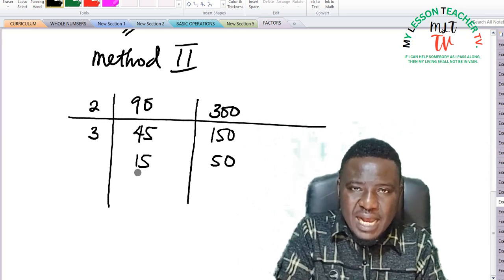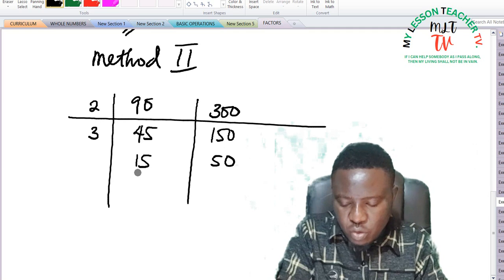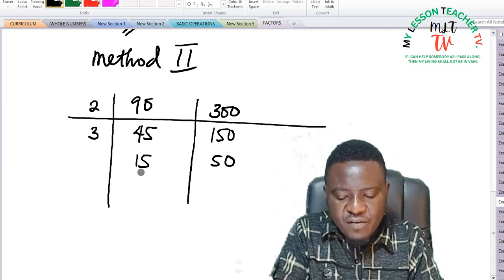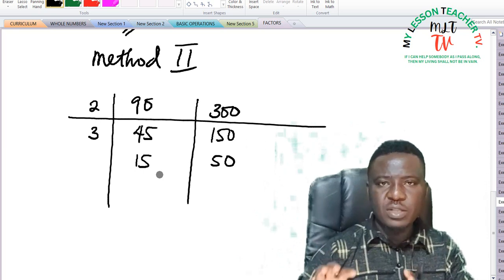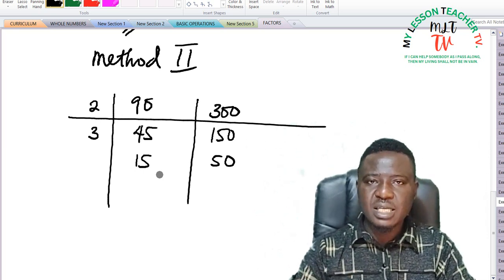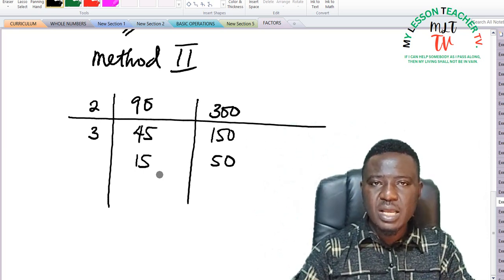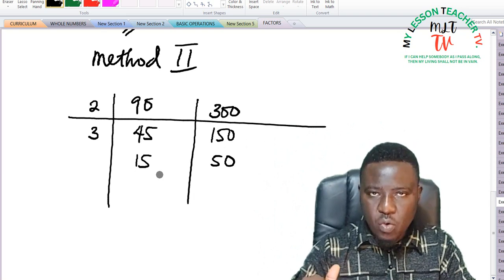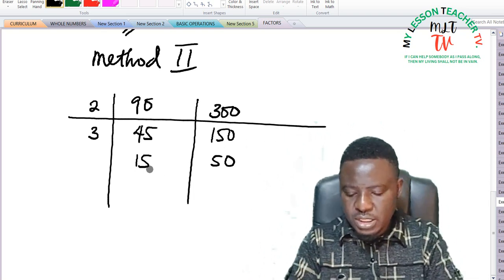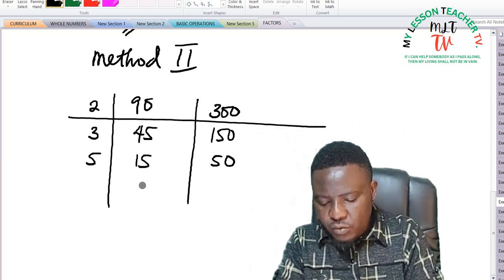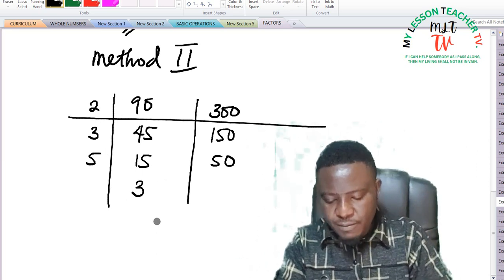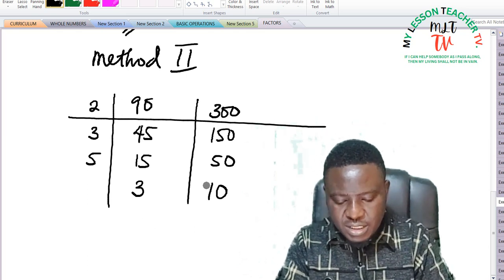So we look for the next higher factor, which is 5. 5 can divide 15 and 50. The rule for divisibility by 5 says that the last digit must be either a 0 or a 5. So since this is 5 and this is 0, it means that 5 can divide. So 5 into 15 is 3 times. 5 into 50 is 10 times.